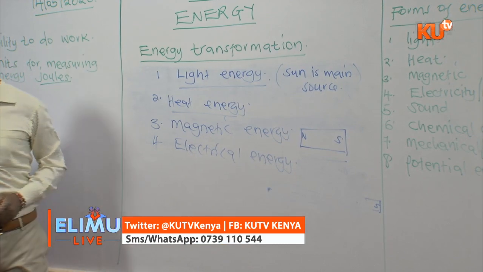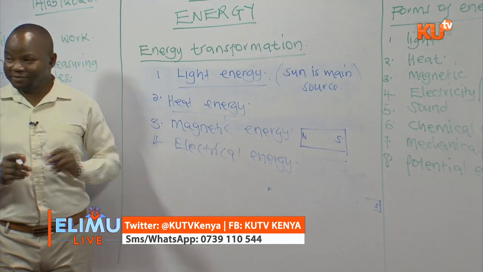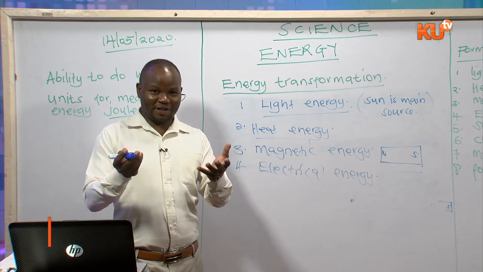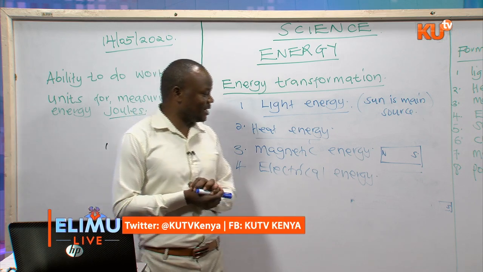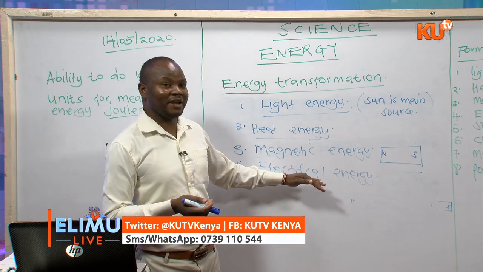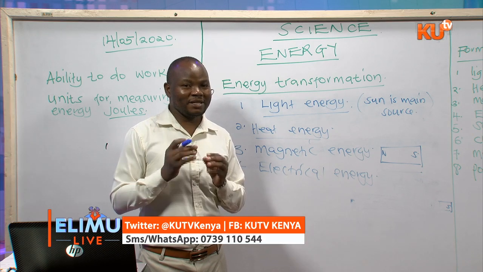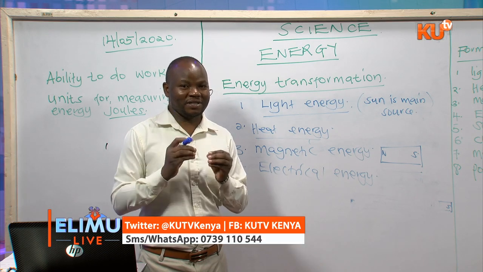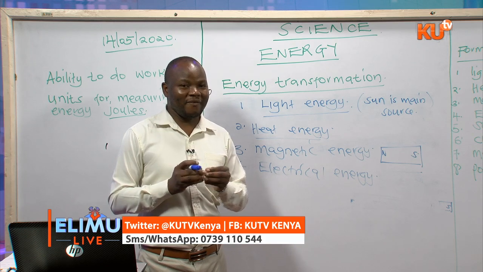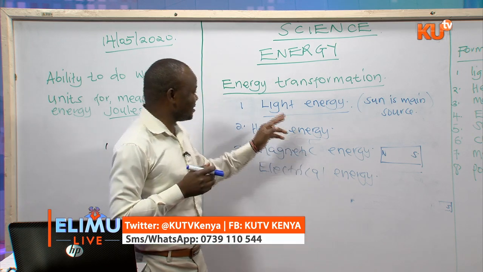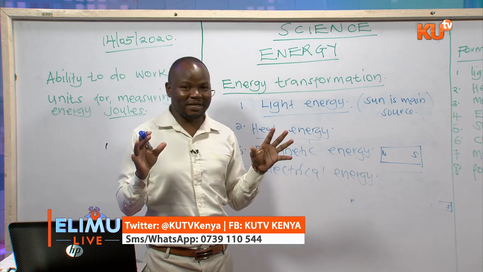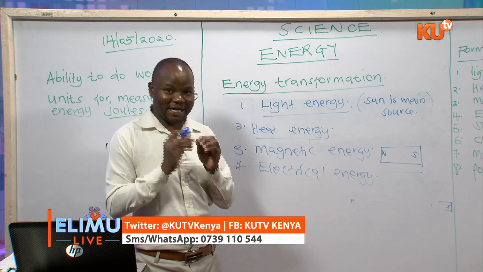Electrical energy is the form of energy that is moved through the wire. We must have a transmitter and a form of media. But light and heat do not need media, while magnetic energy needs a media.